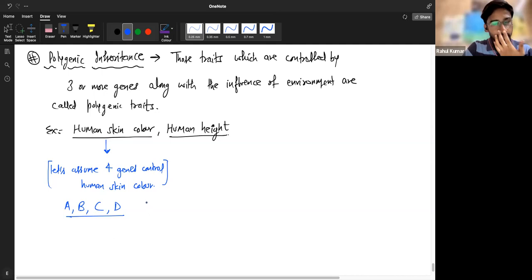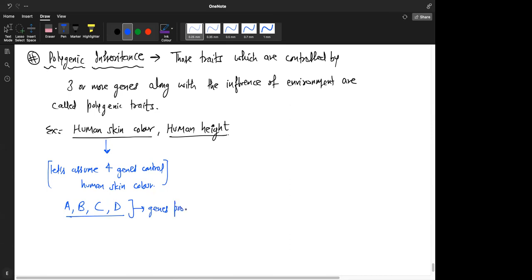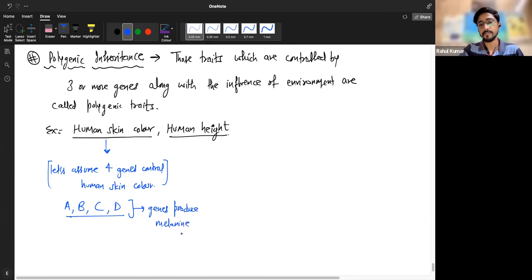Now, you tell me, these 4 genes produce what that gives color to the skin? Melanin. Yes. These genes produce melanin protein.